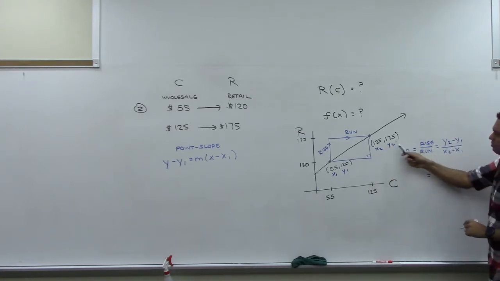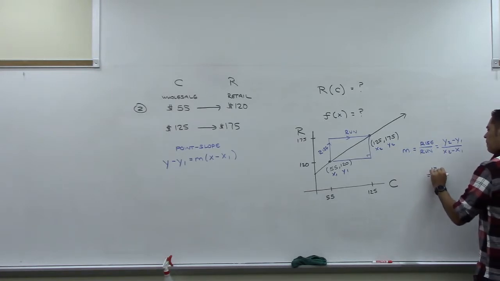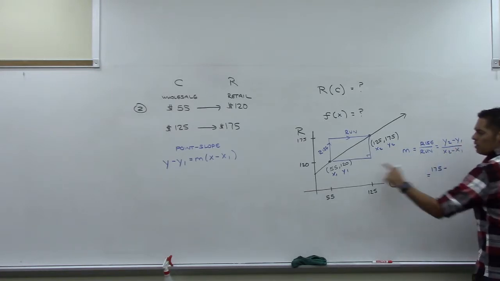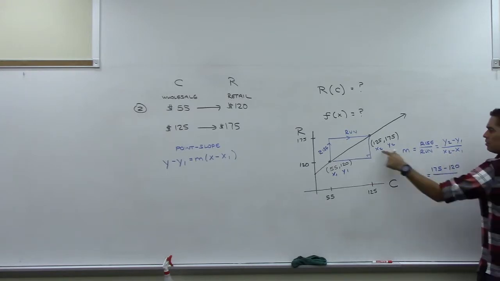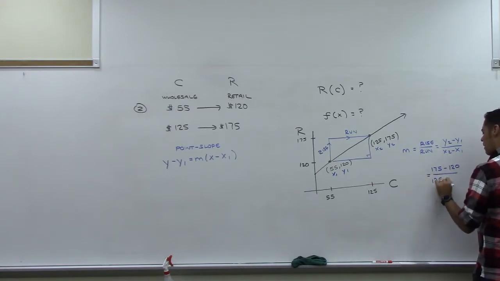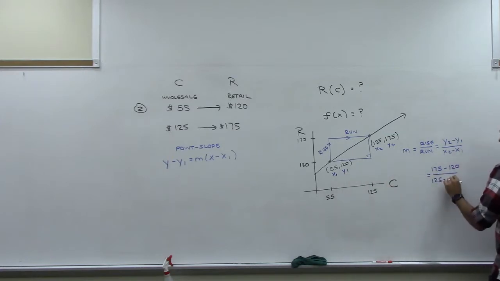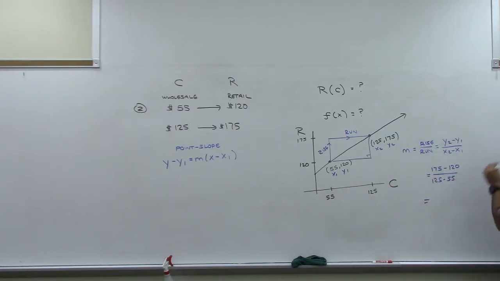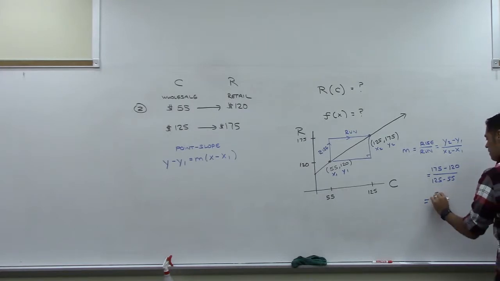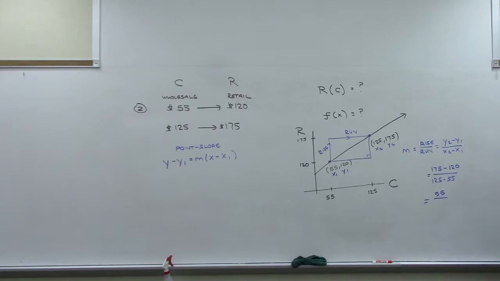So y2 is 175 minus y1 is 120 over x2, which is 125, minus x1, which is 55. So 175 minus 120, what's that, 55 over, and then what's that, 70?